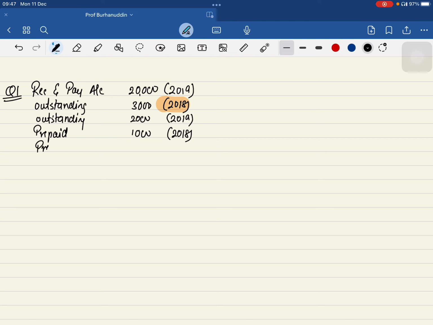You are again having prepaid, say for example 1,500 for 2019, or 2020, means you have received the amount for the next year, and for the next year amount it will always be prepaid, because you are in the year 2019. Correct. If it's an income, it's a liability. If it's an expense, it's an asset.